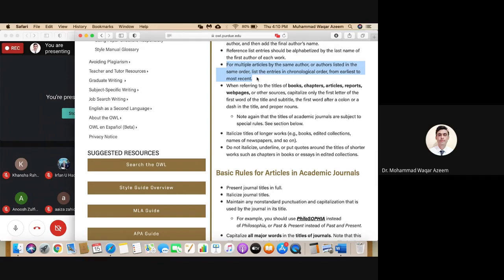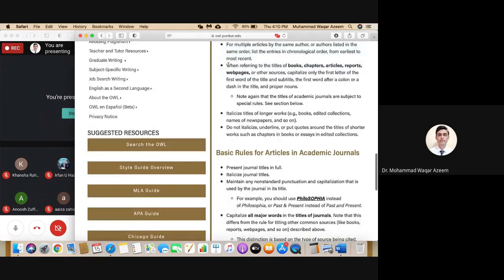The one published first should come first, and the one published later should come later. It is also called chronological order, from earliest to most recent. So the article published in 1990 should come first, and an article published in 1996 should come later.